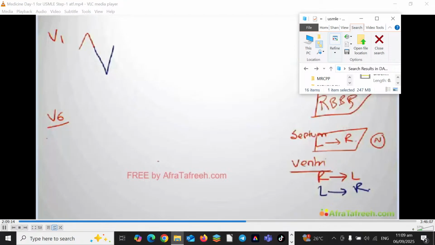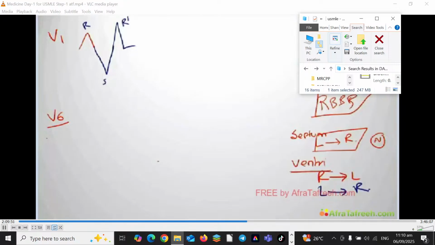The right ventricle. So the current will now come from left to right, and this will result in a second positive deflection. So the earlier RS pattern now becomes RSR dash. Some would call it the M pattern. Don't worry about the M and W pattern when you are looking at right bundle branch block.